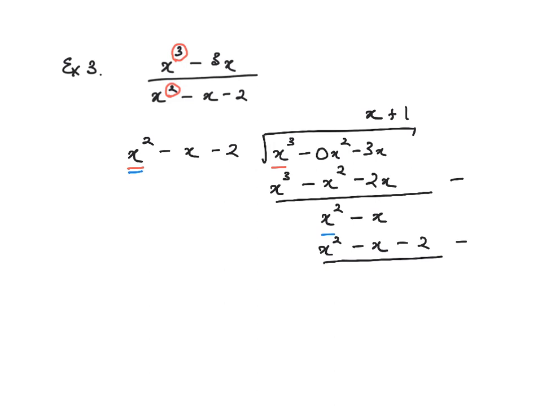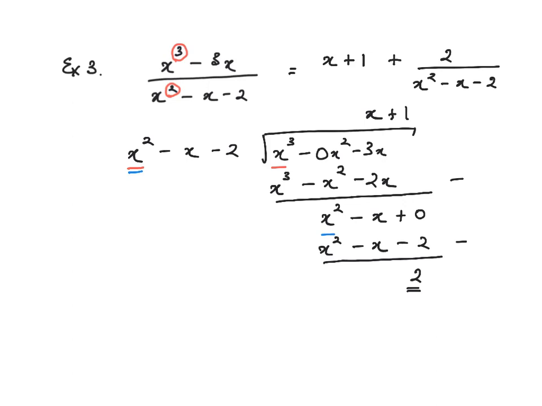Minus x minus minus x is 0, and 0, I could put a 0 in here. 0 minus minus 2 is 2. What that means is that we can express this function as x plus 1 plus 2 over x squared minus x minus 2.